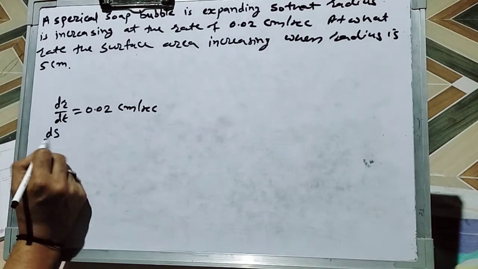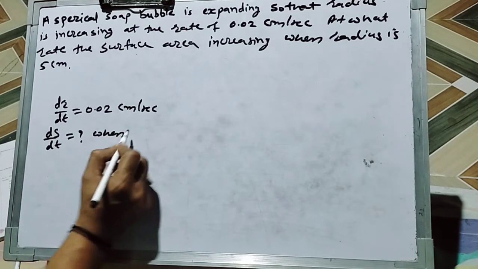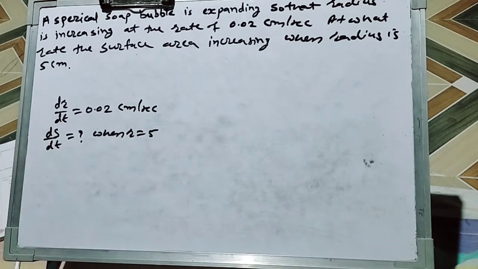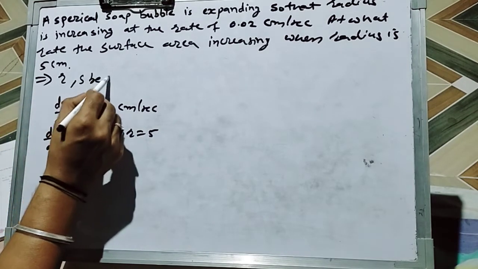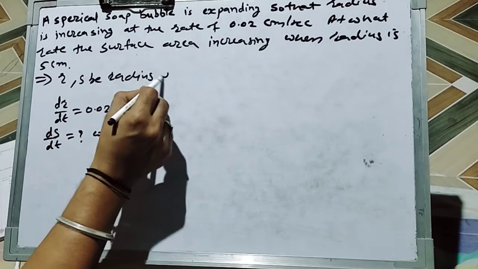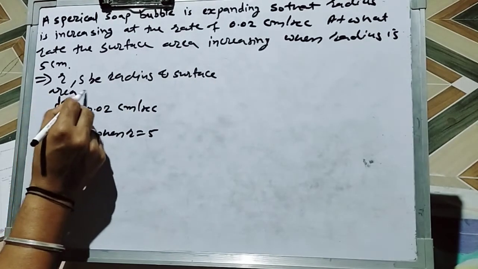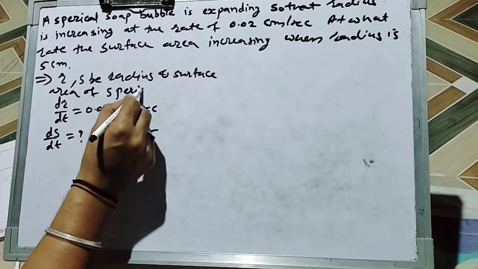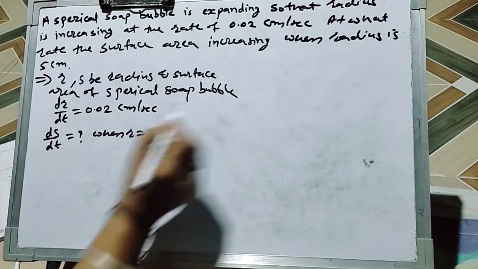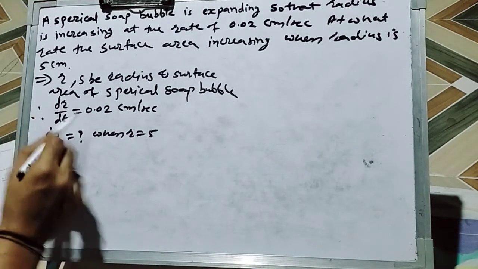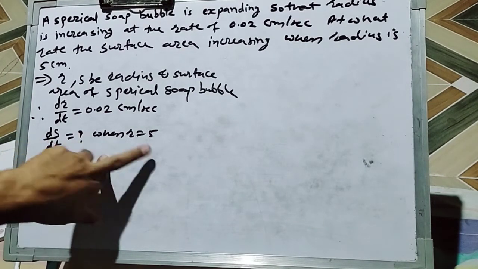It means we have to find dS by dt when r is equal to 5. So first of all consider r and S the radius and surface area of spherical soap bubble. So here dr by dt is equal to 0.02, and we have to find the value of dS by dt whenever r is equal to 5.